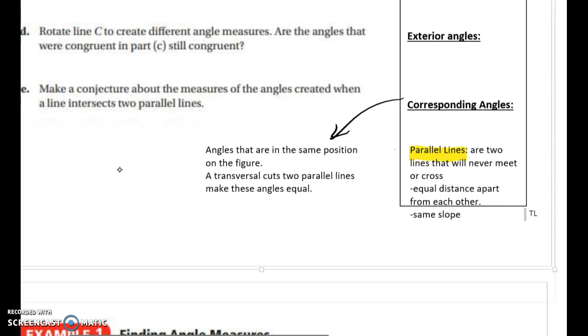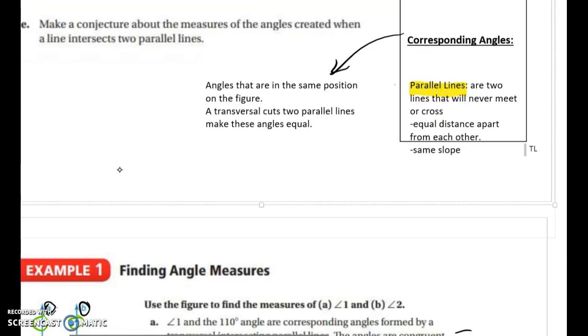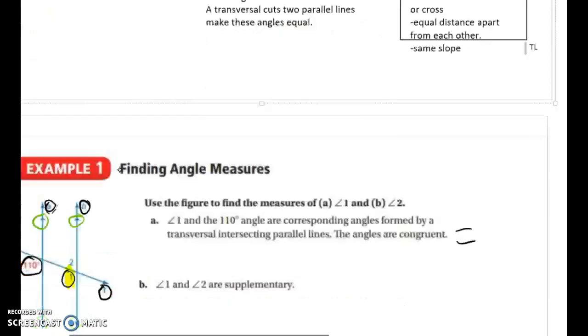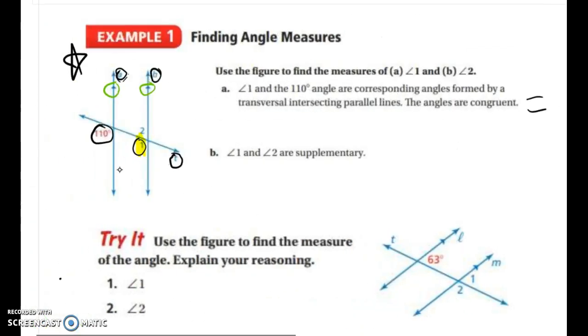They have to be parallel in order for these corresponding angles to be equal. If you look, angle 1 and 110 degrees are both in the bottom left corner of our two lines and our transversal. Since they're both in the bottom left corner, we know that they are corresponding, and since the two lines are parallel, we know they are equal. So angle 1 equals 110 degrees.